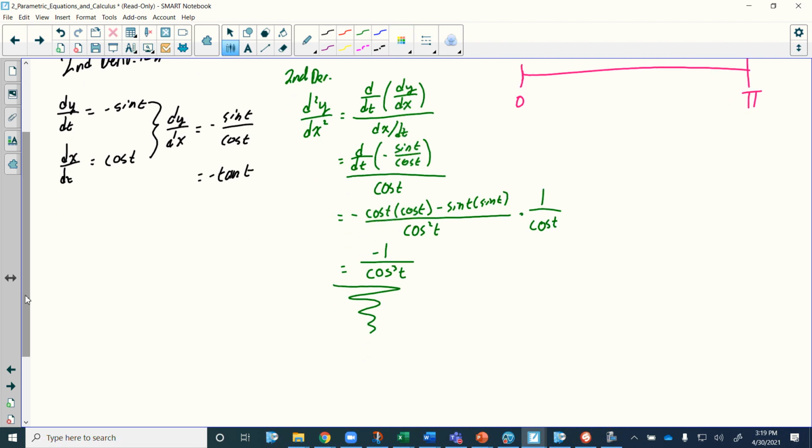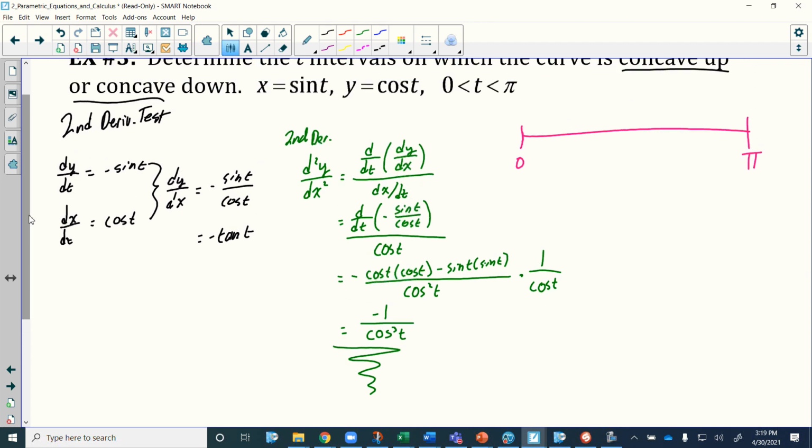We have cosine cubed, so where is cosine cubed of t equal to 0? According to the unit circle, that's at t equal to pi over 2. At 90 degrees, cosine is 0. So there we have pi over 2.